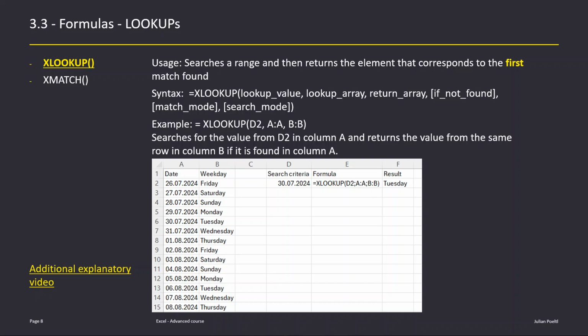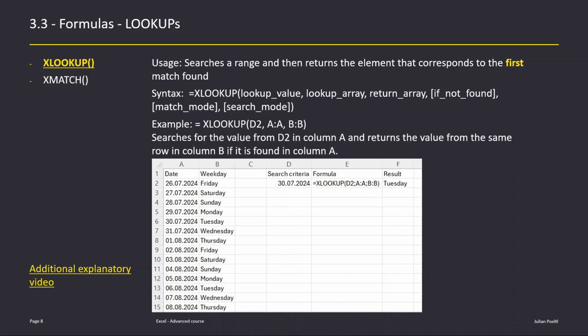Full stop. So, what does this function do? For example, you have here a table with a date and the weekday, and you want to find out the weekday for a certain date.